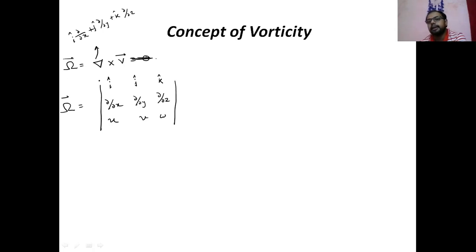Whenever it is a null vector, then the flow is irrotational. We are just first interested in finding out this thing.